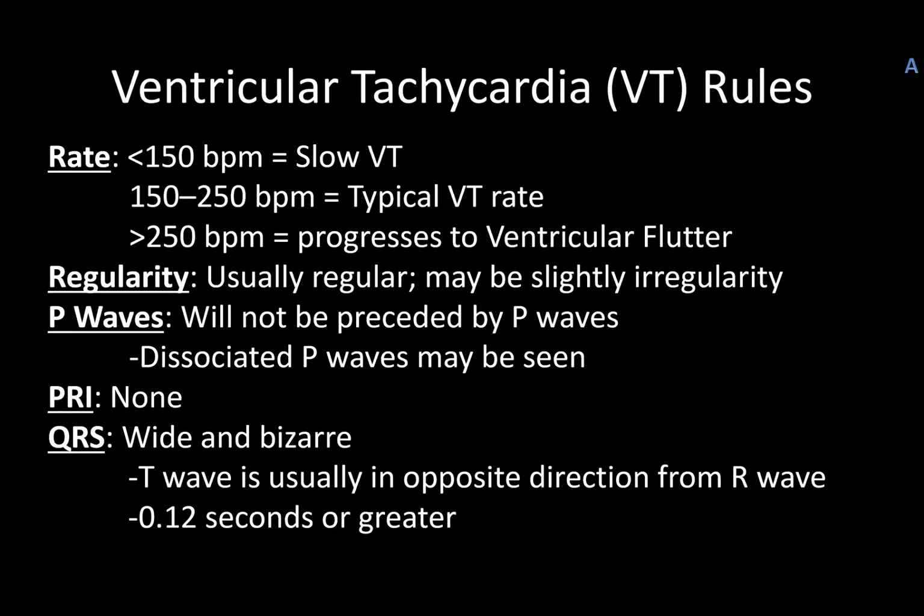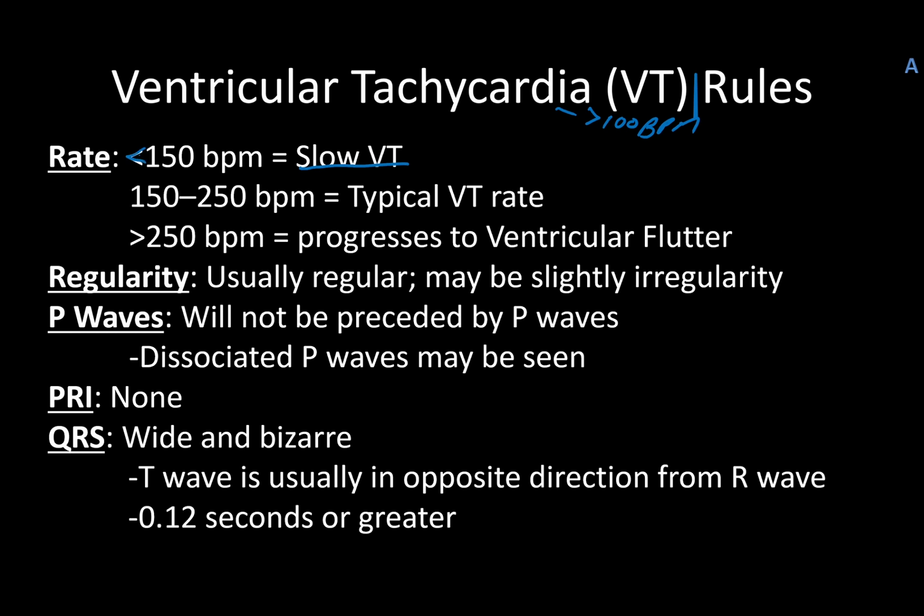In basic arrhythmia, we walked through the simplistic view of V-Tach. Now that you've got that under your belt, let's talk about some of that higher end stuff that's really neat. It is entirely possible to have slow ventricular tachycardia because technically it's anything that is greater than 100 beats per minute. And so some people can actually be in something called slow V-Tach, where you've got a rate less than 150.